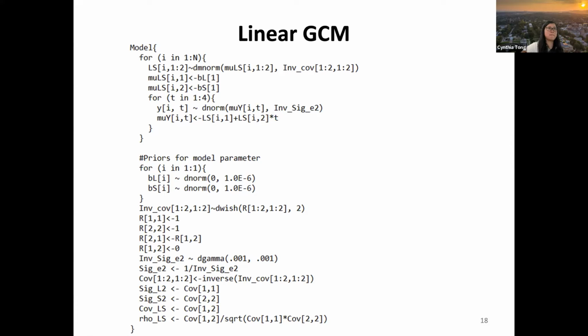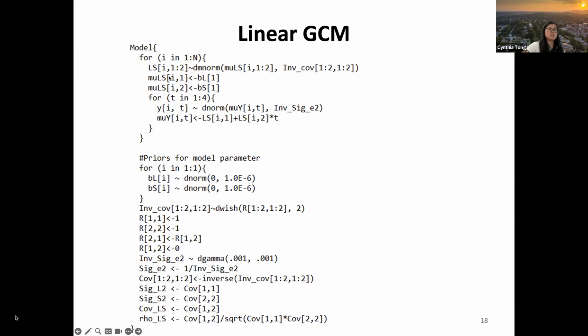Okay, and then the mu of y, or this mean of y, can be represented by a linear relationship with time t. So it's the latent intercept, L_S1, plus latent slope times t. And then for the latent intercept and latent slope, together they follow a multivariate normal distribution. That's the mean of intercept and slope, and also the covariance matrix of intercept and slope.